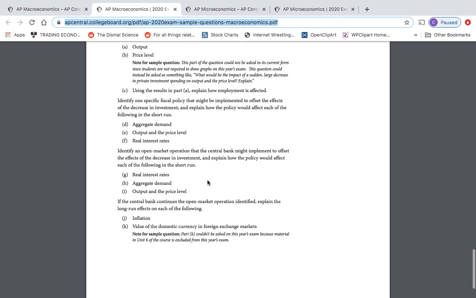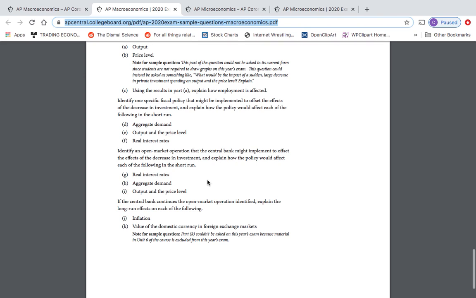Whenever you see long-run effects, they're talking about self-correction, classical model, Noble 3. If that open market operation causes inflation expectations to rise, you have to figure out how that affects the short-run aggregate supply curve, and then how that would affect inflation over the long run. And then here it says, don't worry about K because there's no foreign exchange markets.